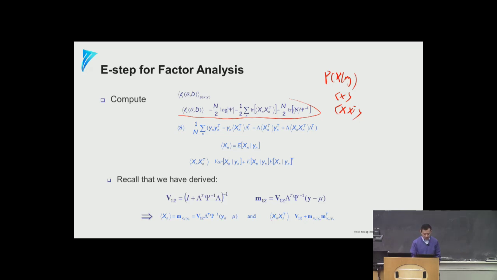Okay, so that's basically what we do. We are going to now use the EM technique, and we can use the inference result. We already know how to write down the conditional mean and the variance of X given Y. Therefore, they take this form, and the mean and the variance can all be written already.